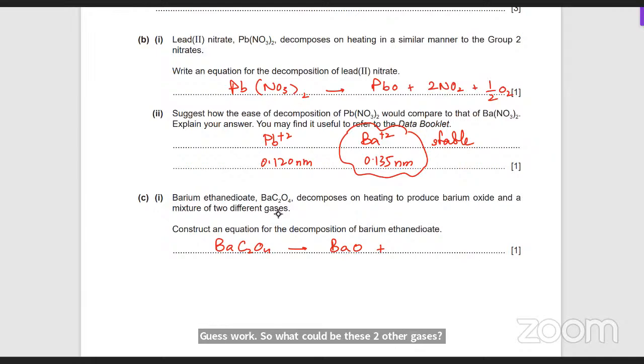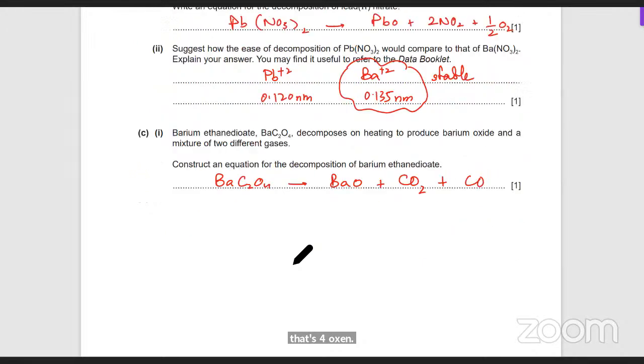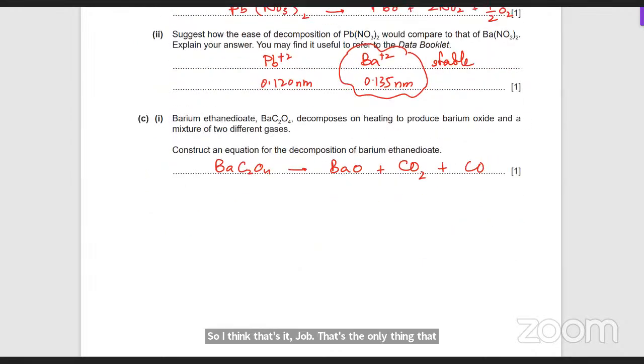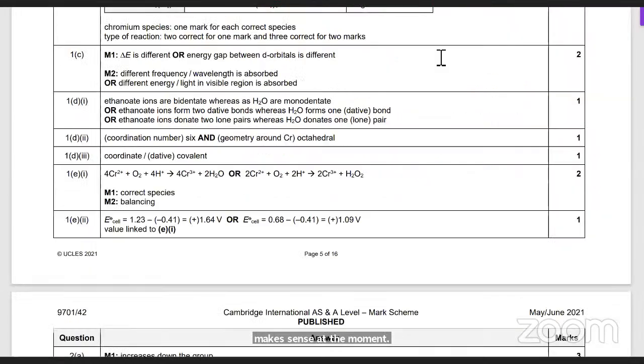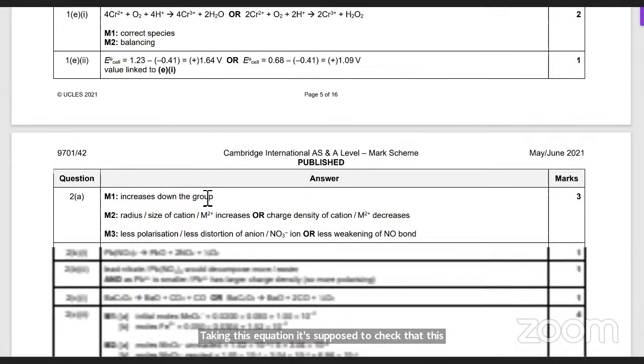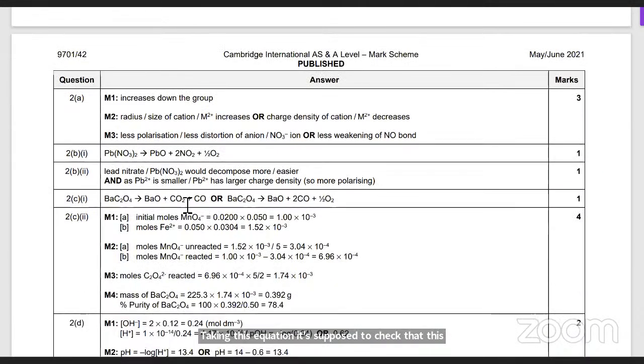We're left with two carbons and, I guess, carbon dioxide and carbon monoxide. Would that complete this? Two carbons and 4 oxygens. So I think that's it, the only thing that makes sense at the moment. Let's check it in this equation. Carbon dioxide and carbon monoxide, or it's given you another option as well.